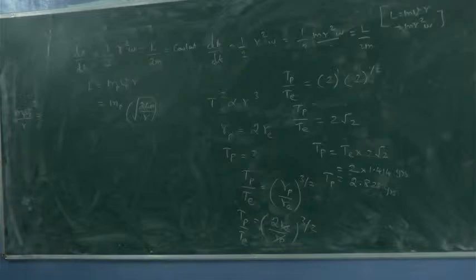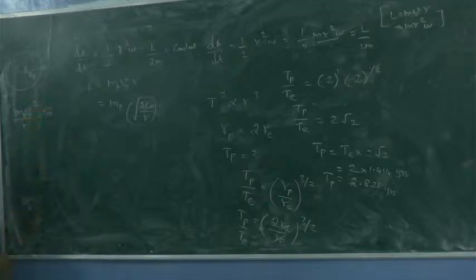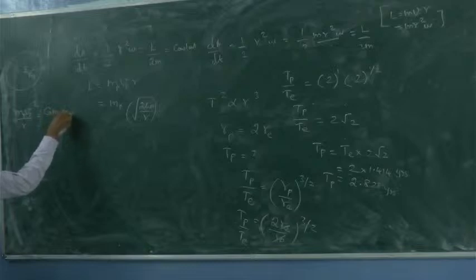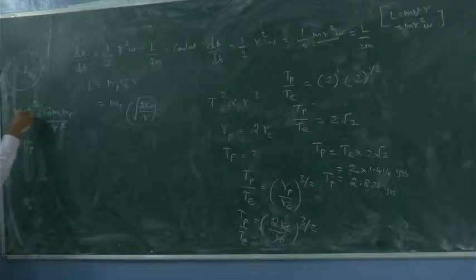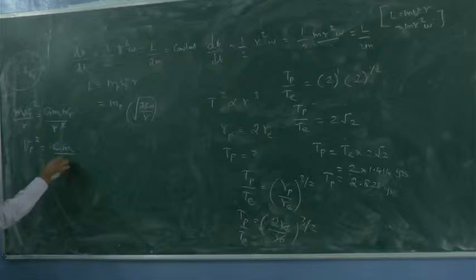Here the centripetal force develops from the gravitational force between sun and earth. Between sun and earth there is a gravitational force of attraction. That gravitational force of attraction formula is G, mass of the sun, mass of the planet over the distance square. By cancelling r and r square, and Mp cancelled, Vp square is equal to G Ms by r.